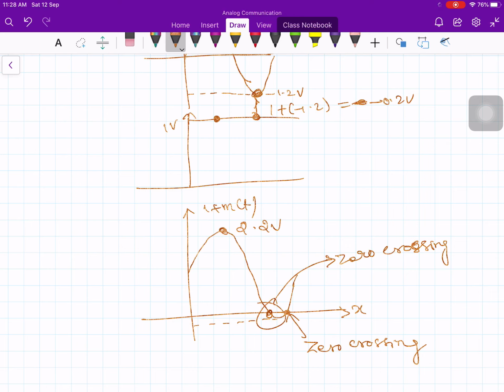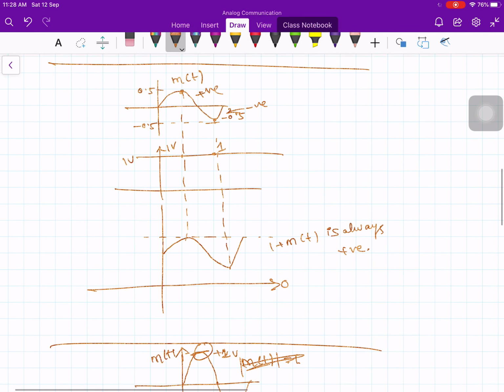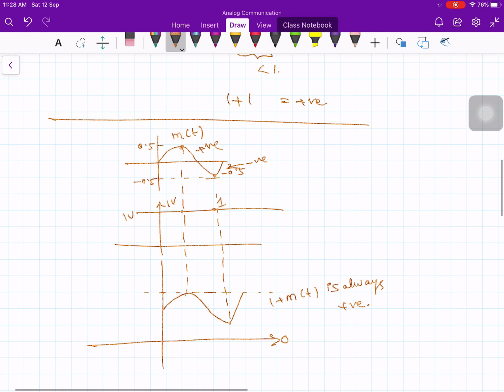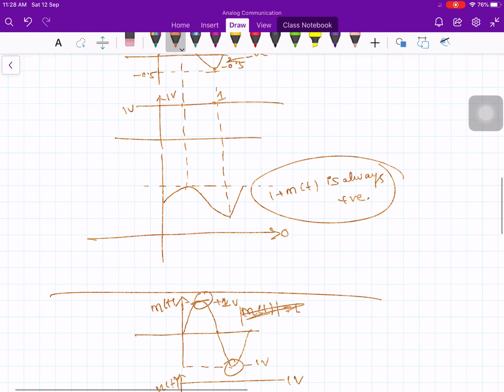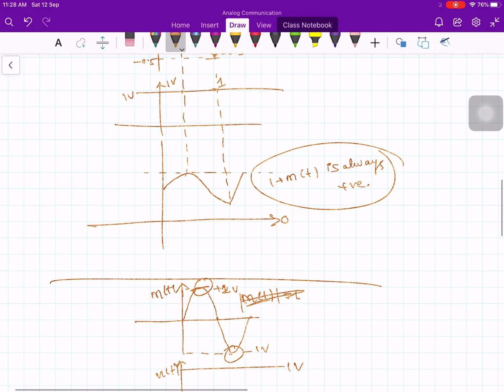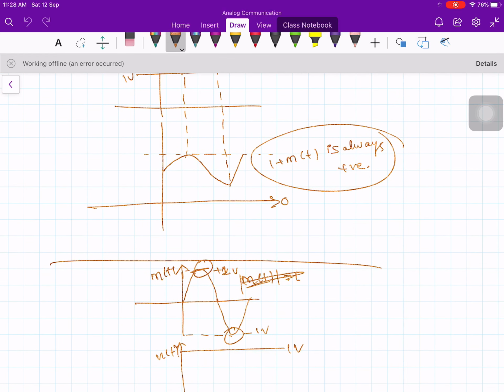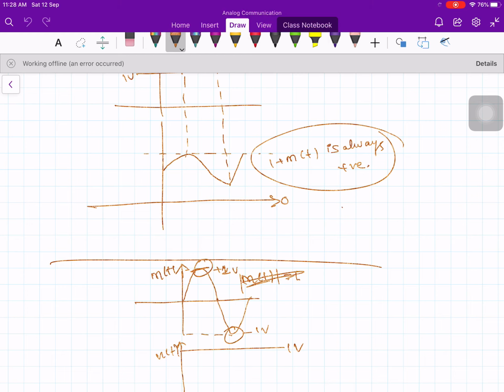If mod of m of t is less than 1, then the waveform is always positive. That's what we have seen in the first case. 1 plus m of t is always positive. In such a case there is a very interesting property, that is the entity E of t, which is 1 plus m of t.